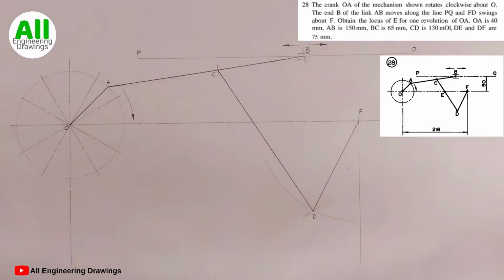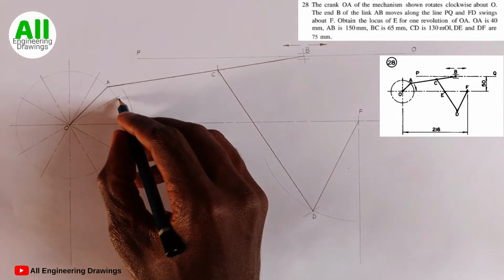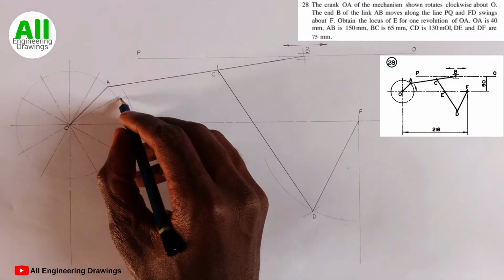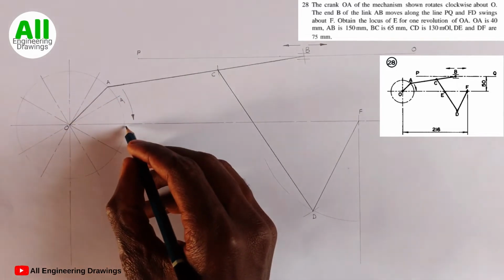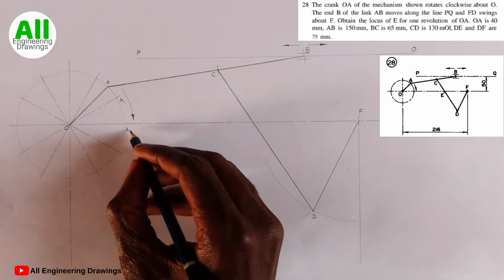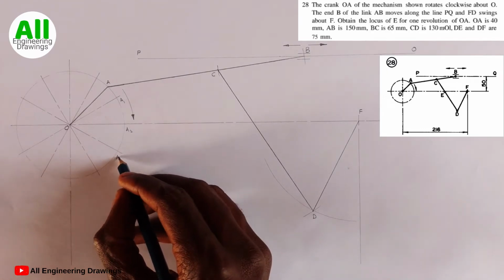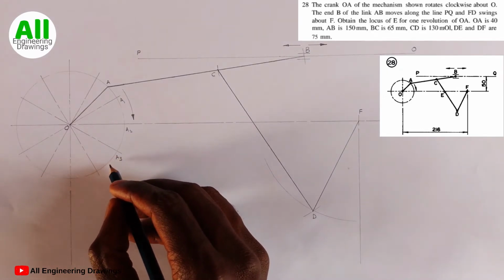I will number the points where the lines of division intersect the circumference of my circle. This point, I will label A1. This point here, A2. This point here, A3. I will continue in that manner till A12.